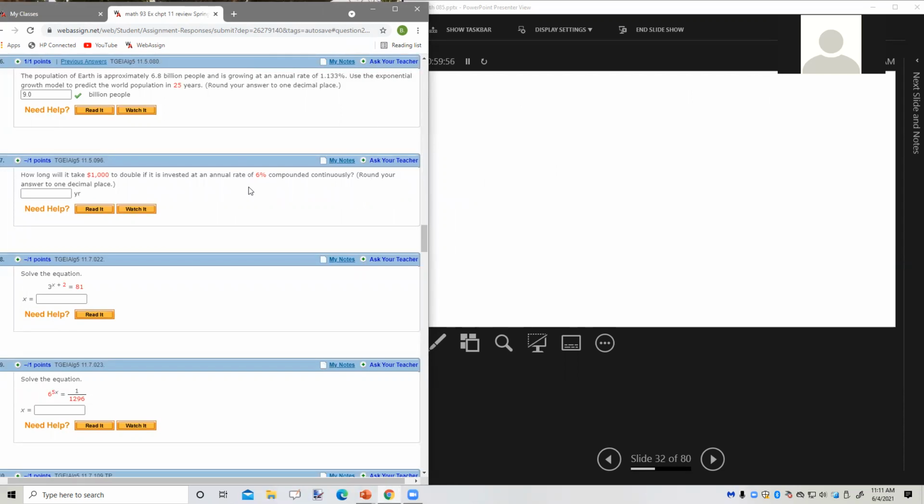How long will it take $1,000 to double if it is invested at an annual rate of 6% compounded continuously? All right, we can do it the long way and use that formula. But since it's compounded continuously and it's going to double, the time is going to be the natural log of 2 divided by the annual rate.